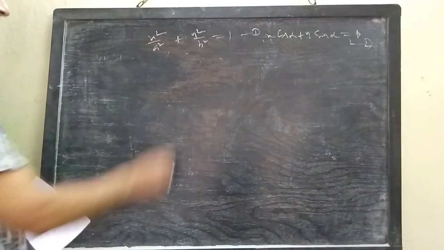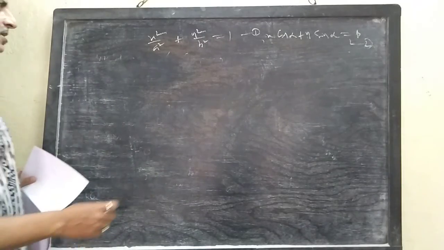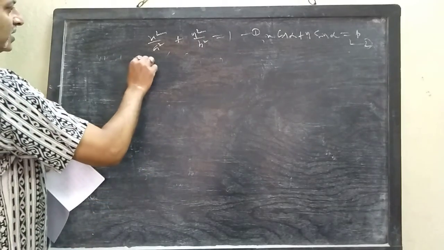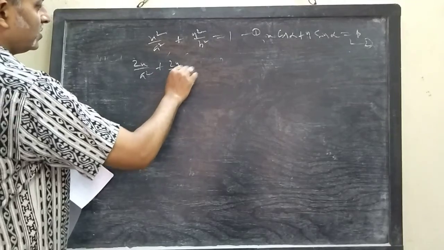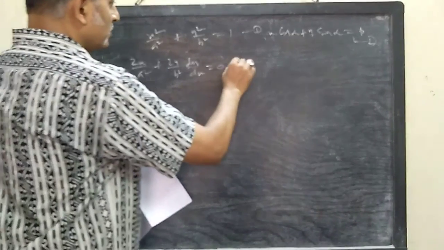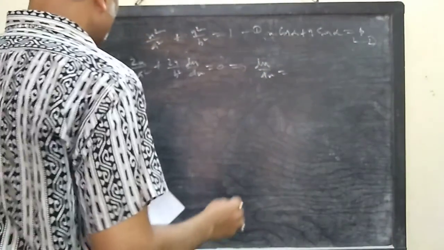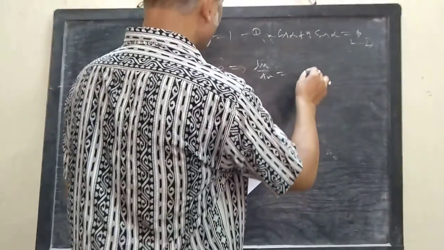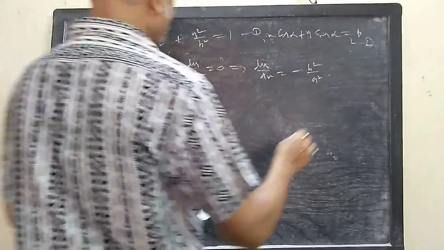We take a point P, a cos theta, b sin theta, on curve 1. Now differentiate both sides of 1 with respect to x. We get 2x by a square plus 2y by b square into dy dx equals to 0. We get dy dx equals to minus b square by a square into x by y.